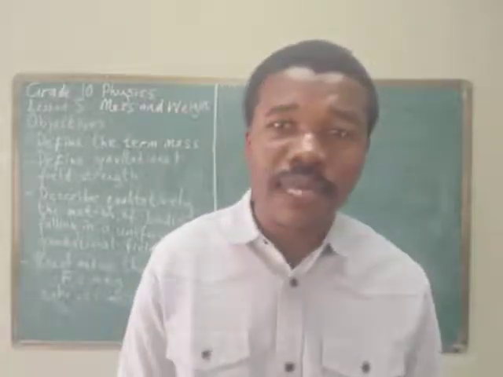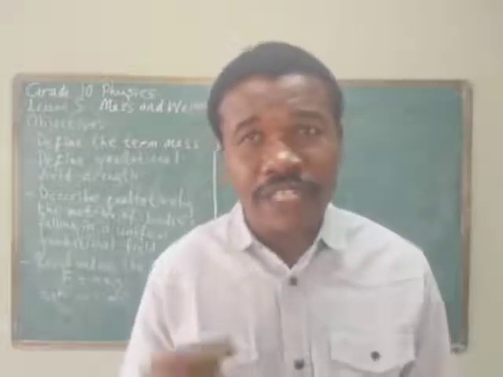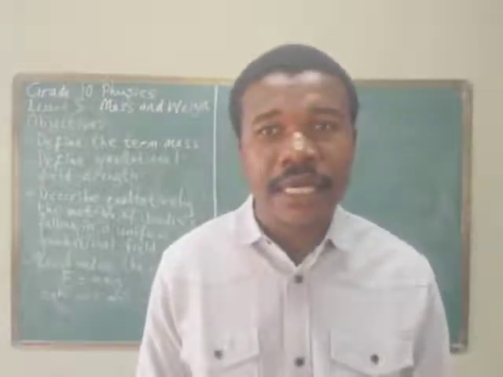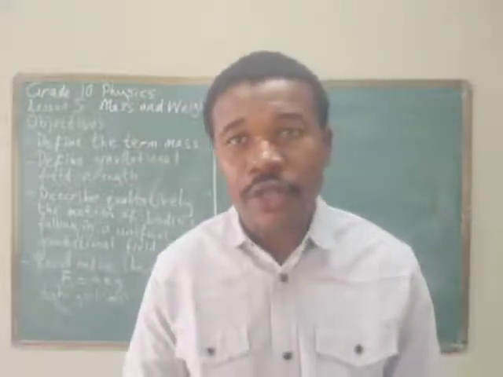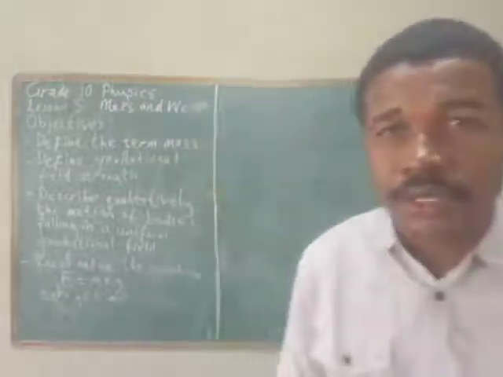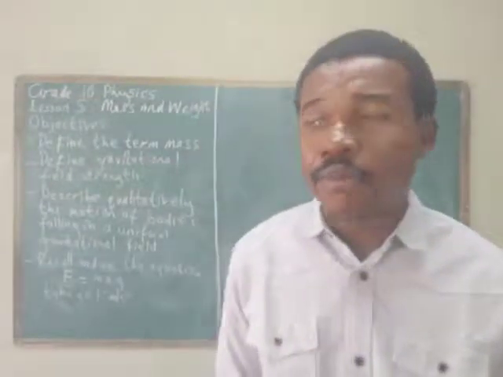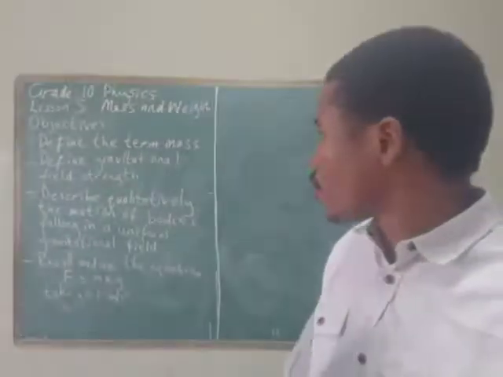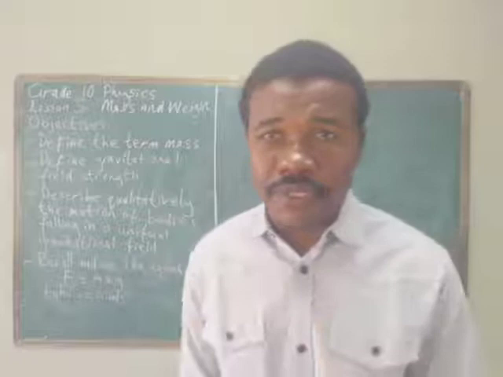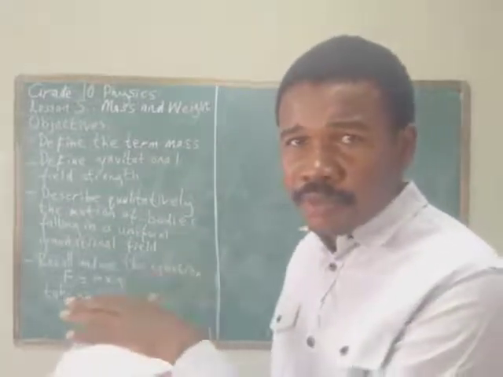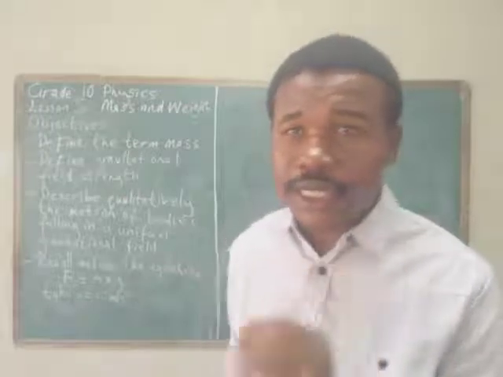We will also be able to define what gravitational field strength is, in relation to the concept of weight. To describe qualitatively the motion of bodies falling in uniform gravitational fields. So I think that will probably be the slightly new area that we're going to touch on in this lesson.